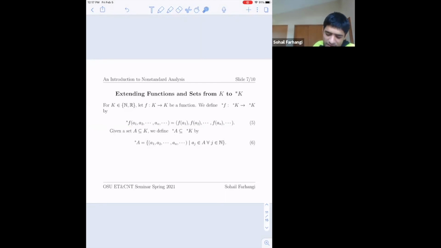So if you have a set or a subset, then the hyperextension of that set is just going to be the set of all sequences where now the a_i's are coming specifically from your set A instead of being any old natural number or any old real number.